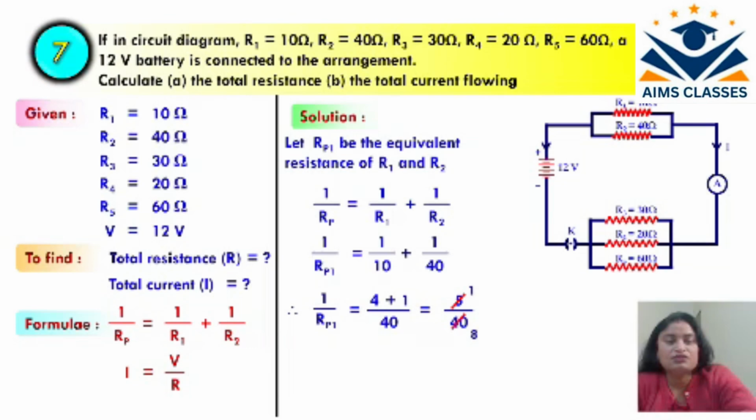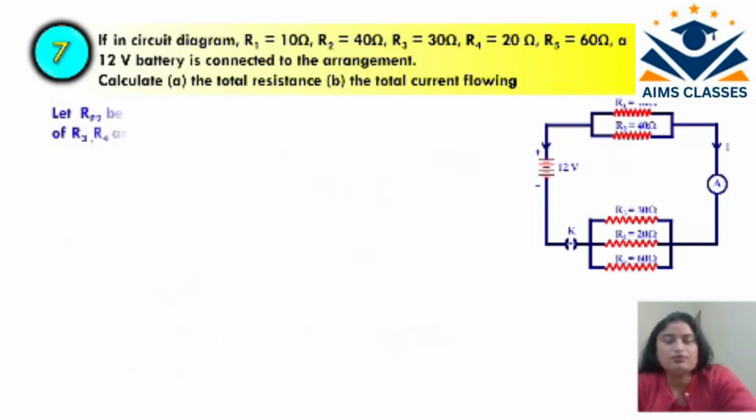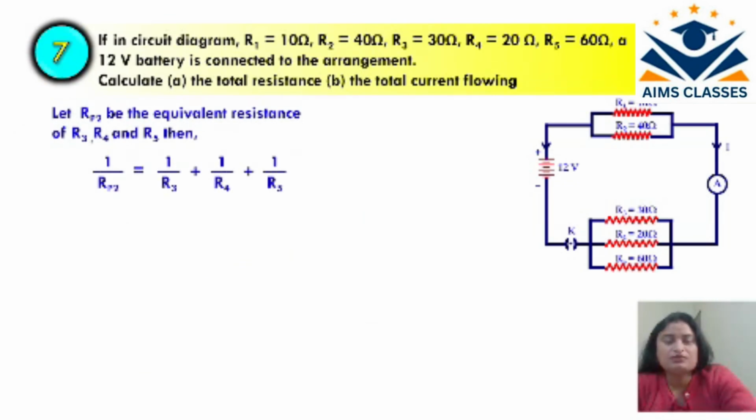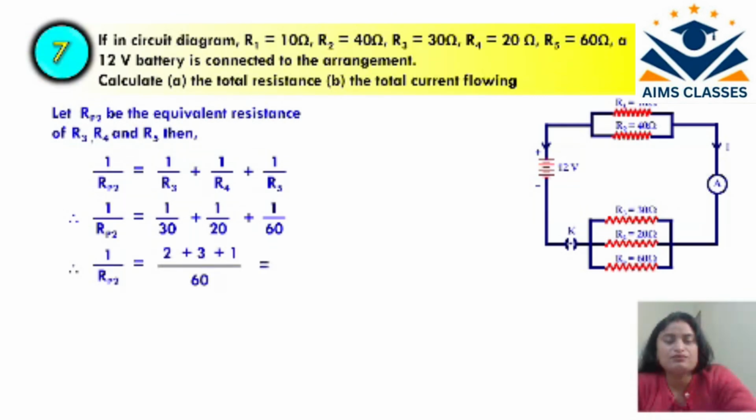and total resistance, then total current. Total resistance Rp1, then again find Rp2, 1 by R3 plus 1 by R4 plus 1 by R5. So here 1 by 30 plus 1 by 20 plus 1 by 60. So 1 by 30 plus 1 by 20 plus 1 by 60 equivalent to 2, 3 and 1 over 60. So 6 by 60, that is 1 by 10.